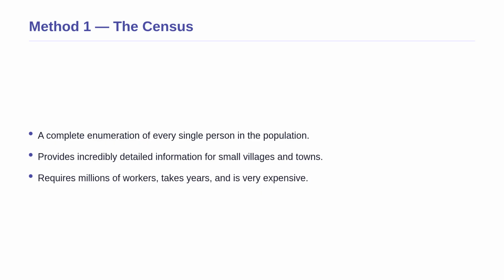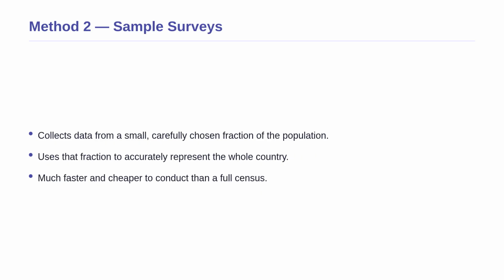Because it tries to reach absolutely everyone, a census provides incredibly detailed information, even for the smallest villages and towns. However, because it is so massive, it requires millions of workers, takes years to plan, and costs a tremendous amount of money.